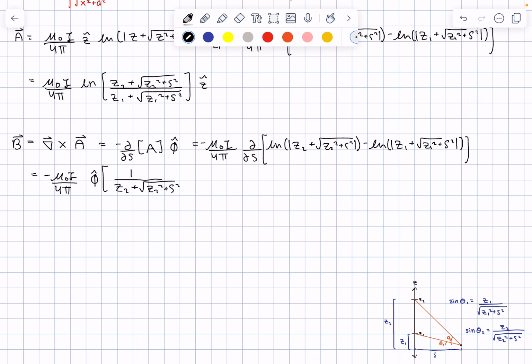So we take 1 over the inside of the ln, and we bring that in front.